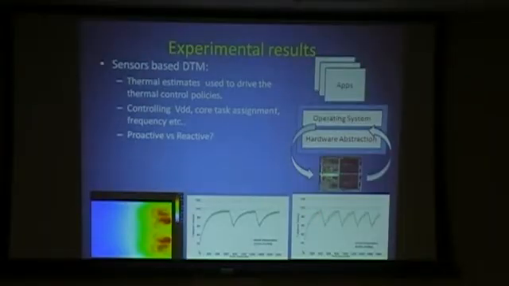So this was the performance of our approach compared to blindly trusting sensors. If you blindly trust sensors, the sensors are noisy, you're not doing any holistic estimation, you don't know what exactly is going on. So the green solid line represents the actual temperature, and the dots represent sensor measurements.